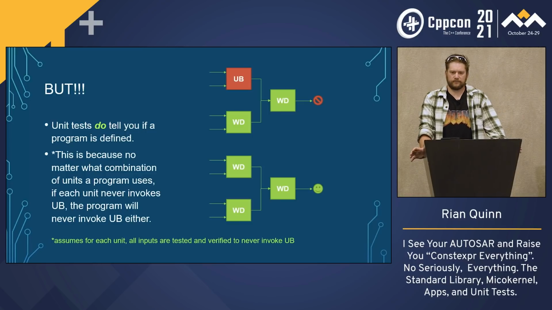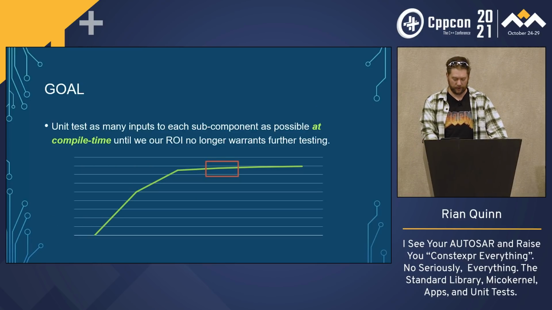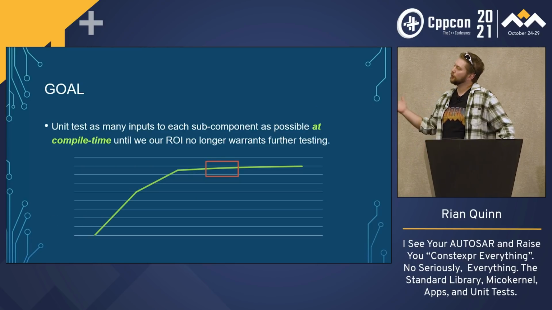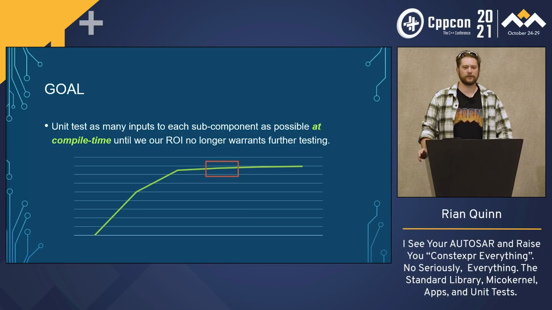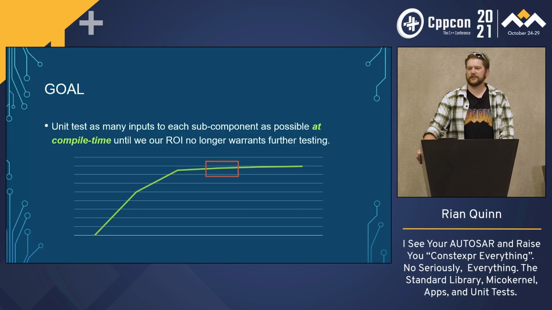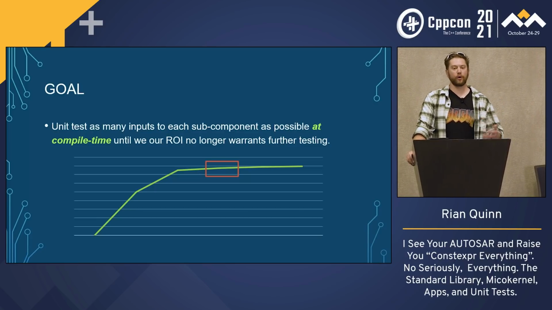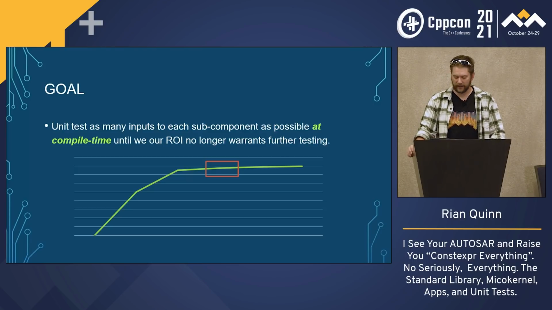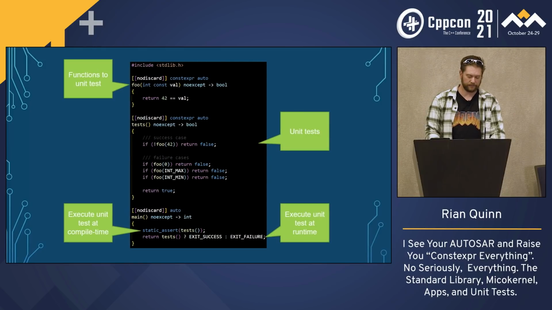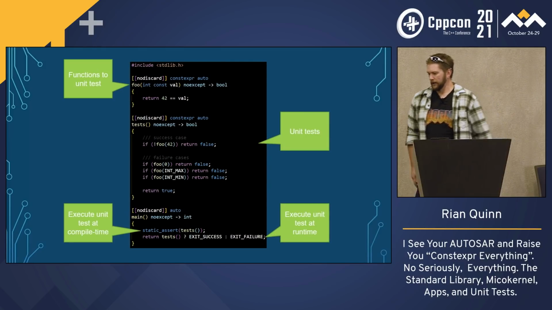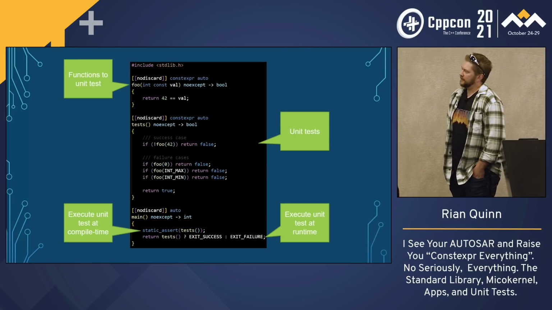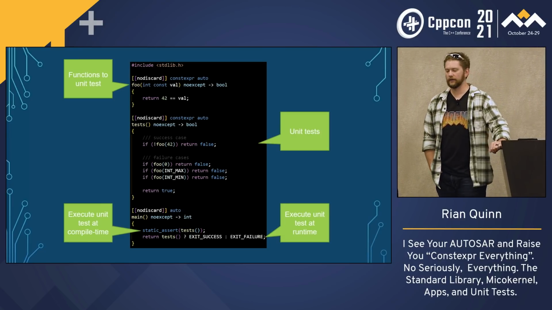In practice, we can't do that. So the goal is to try and get as close to that as possible, right? This is some fancy graph that basically shows as I add more and more tests, I get closer and closer to essentially not seeing any sort of ROI associated with adding more and more tests for my undefined behavior.